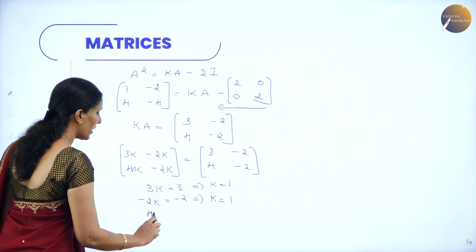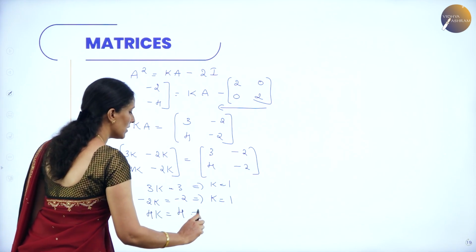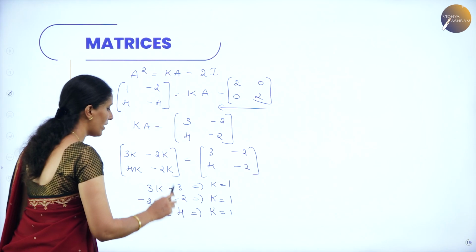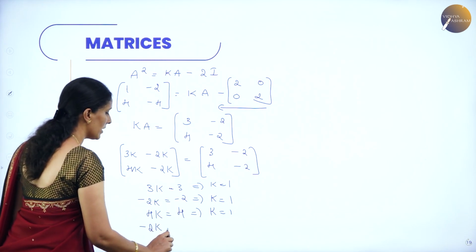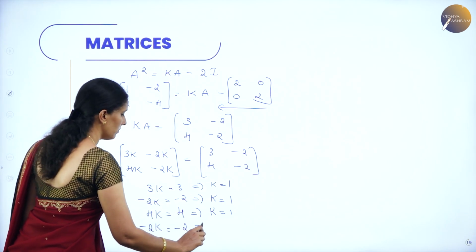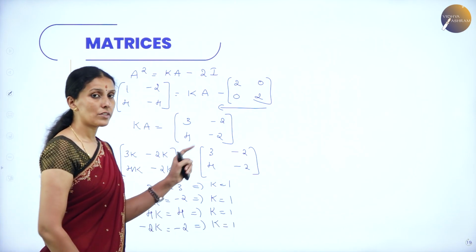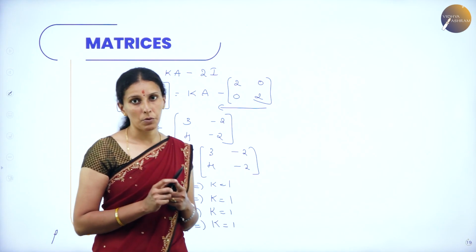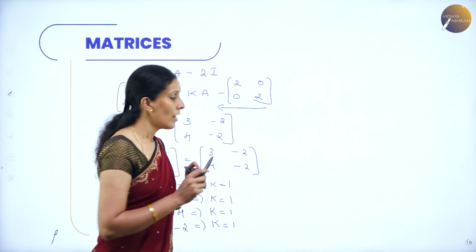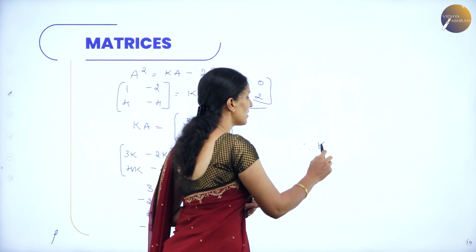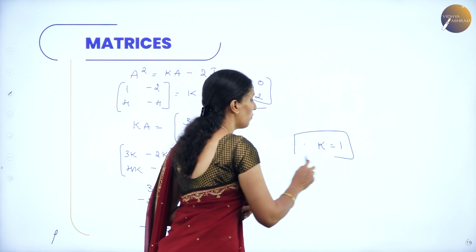Or 4k is equal to 4, this also implies k is equal to 1. Since the two matrices are equal, we can equate the corresponding elements to find the value of k. Thus we conclude that the value of k is equal to 1.